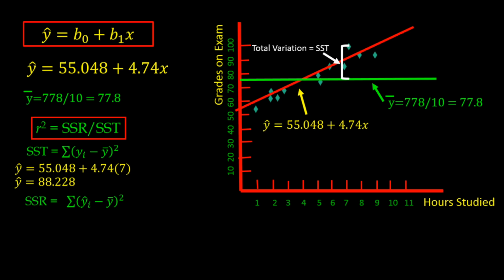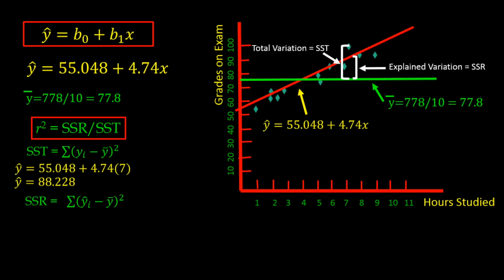So that would be the distance between the y hat line and the y bar line, or this distance. And this is called explained variation. SSR is the explained variation, which is the deviation between the predicted value of y and the average value of y. It is explained by the line of regression.